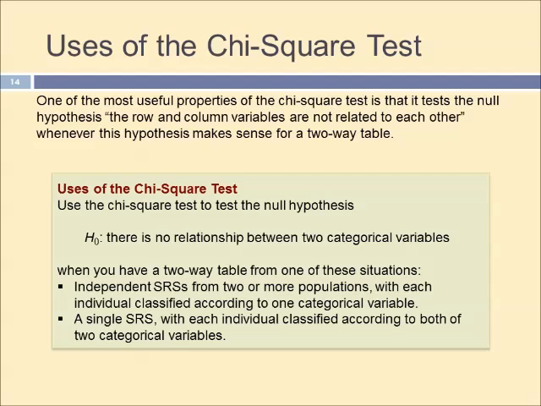And when we have a two-way table from one of these situations, we have independent simple random samples from 2 or more populations, with each individual classified according to one categorical variable, or a single random sample with individuals classified according to both of 2 categorical variables.